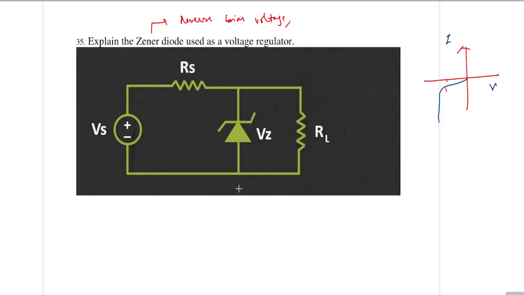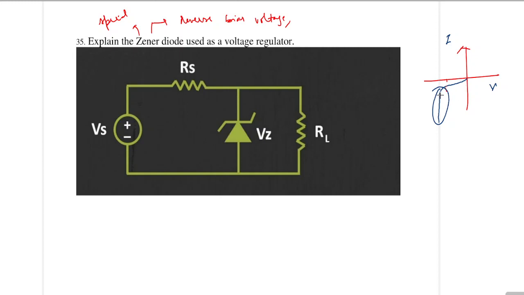But this Zener diode is a special kind of diode, which operates better in this breakdown voltage. This diode has a range of current for which it will not be destroyed.